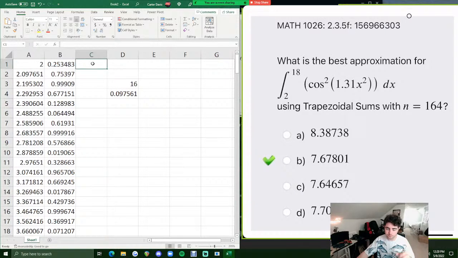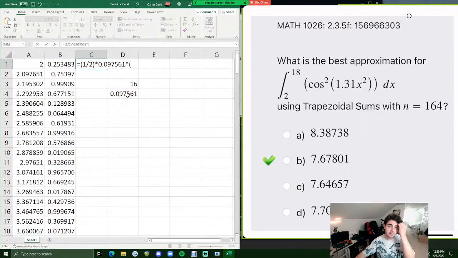Now what we'll do is input the trapezoidal sum. That was 1/2 times the width of each trapezoid, 0.097561.